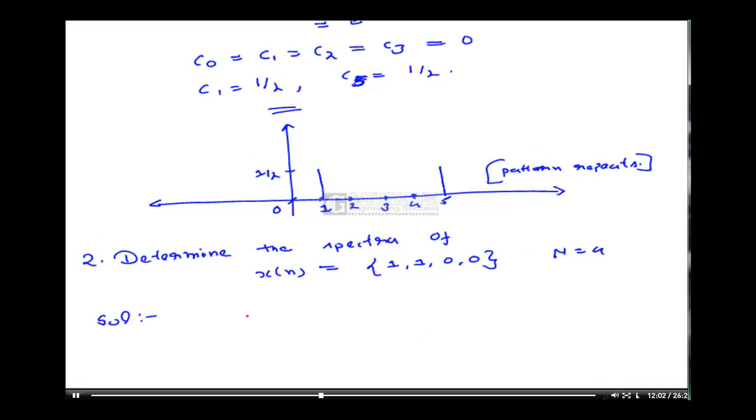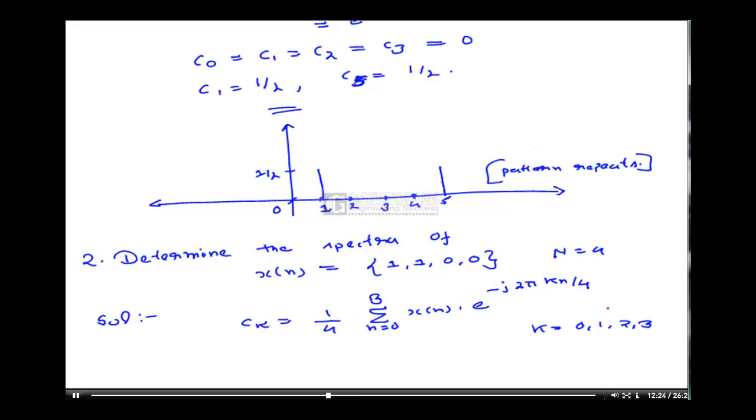Very simple. Use the equation 1 by 4 summation n from 0 to 3 xn e to the power minus j 2 pi kn by 4. K can be 0, 1, 2 and 3.